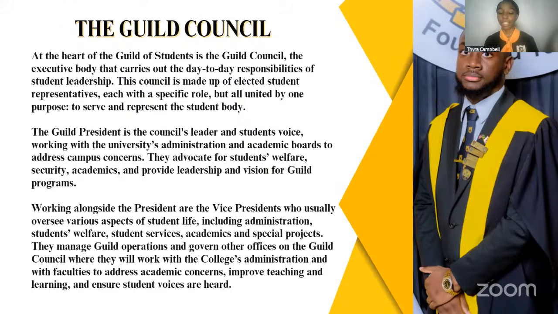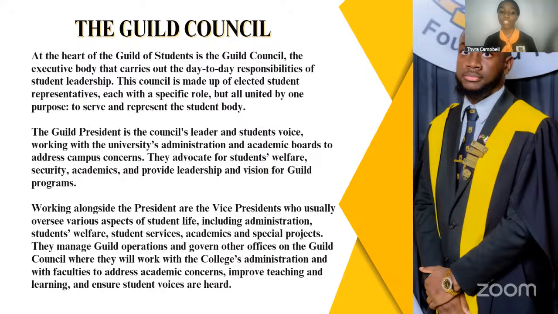Now, the Guild President is the Council's leader and students' voice. He works alongside the university's administration and academic boards to address campus concerns. They advocate for students' welfare, security, academics, and provide leadership and vision for Guild programs. Working alongside the president are the vice presidents, who usually oversee various aspects of student life.